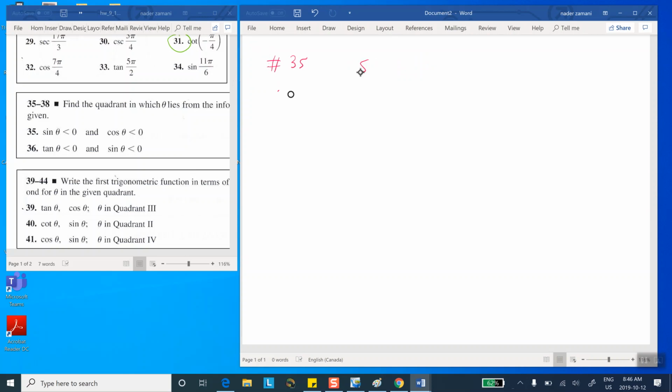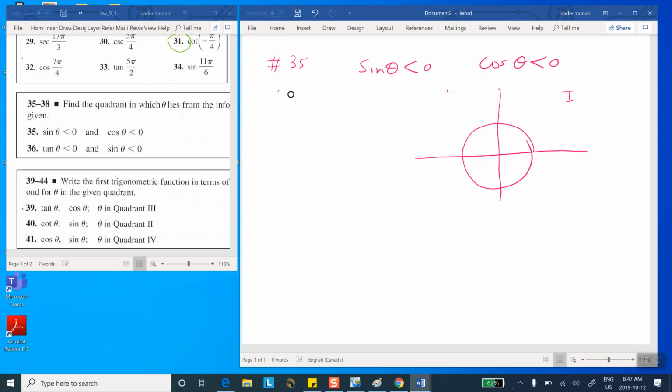It says if sine of theta is negative and cosine of theta is negative, in what quadrant is the angle theta located? All right, so let's see now.